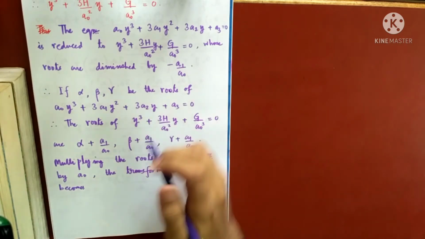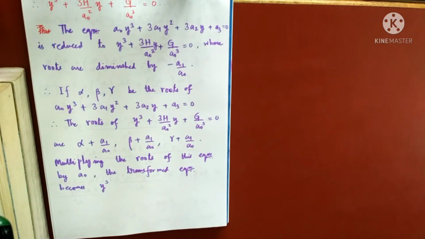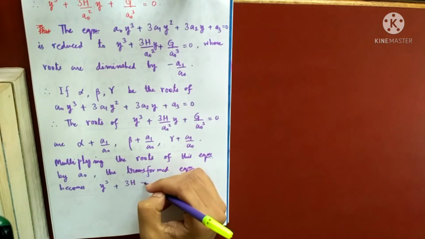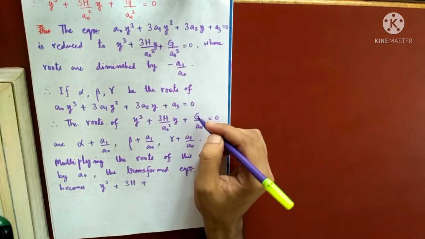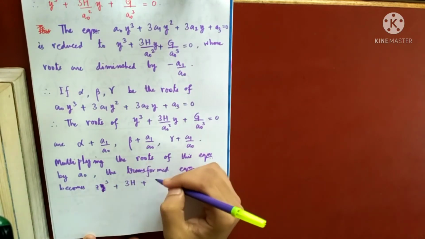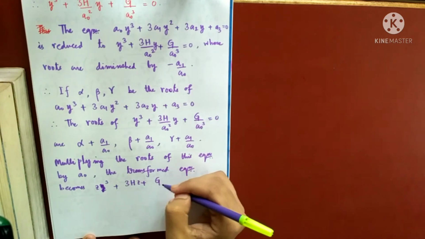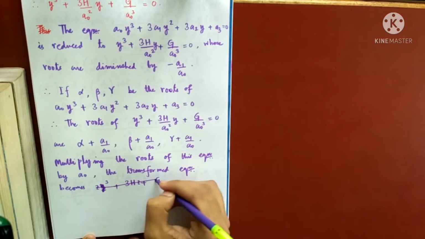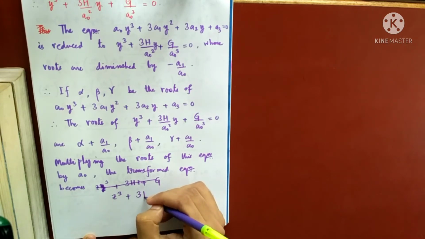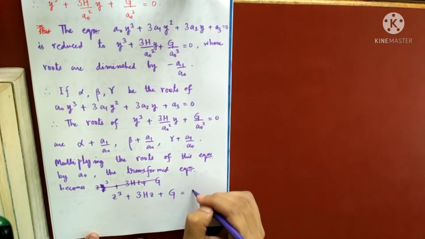So y cube will be multiplied by 1, y square is not there, y will be multiplied by a naught square, so that will cancel, and this time I will take z instead of y. So this becomes z cube plus 3hz plus g equals 0.